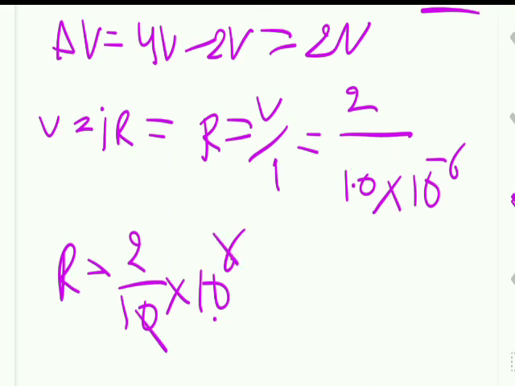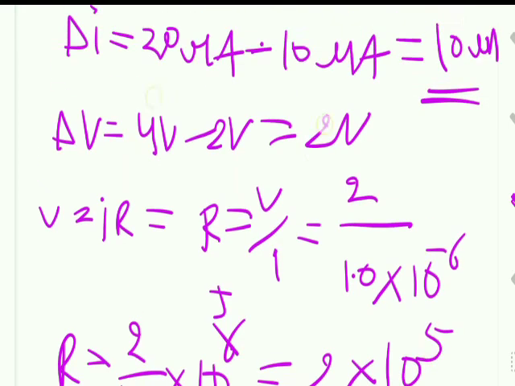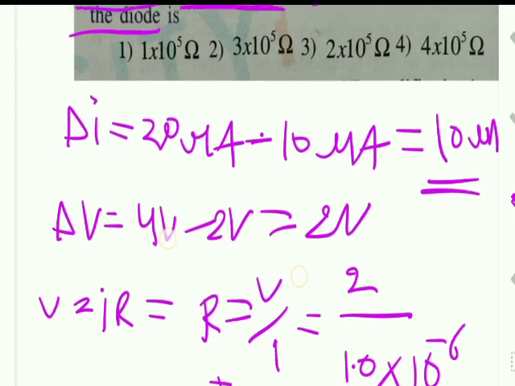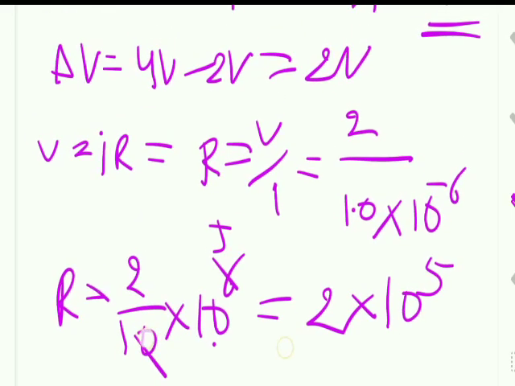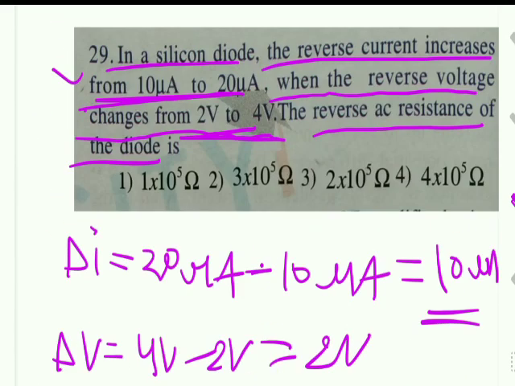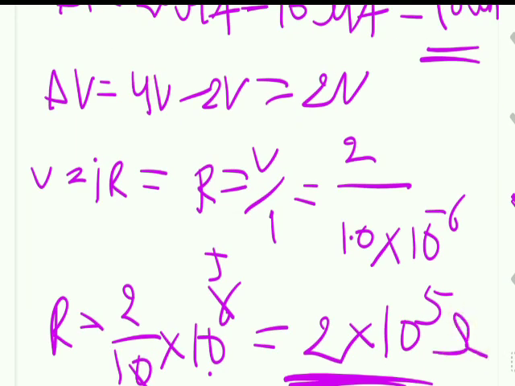Then 1 is cancelled, so 2 into 10 to the power of 5. Two into 10 to the power of 5 is our answer. Check it. The third one is the right answer: 2 into 10 to the power of 5 ohms.